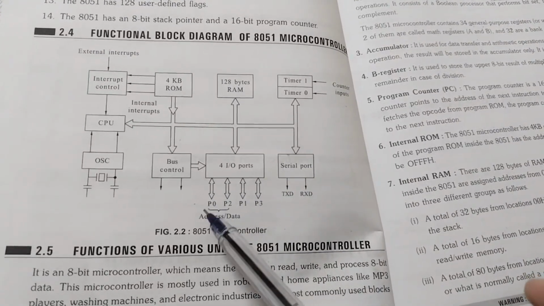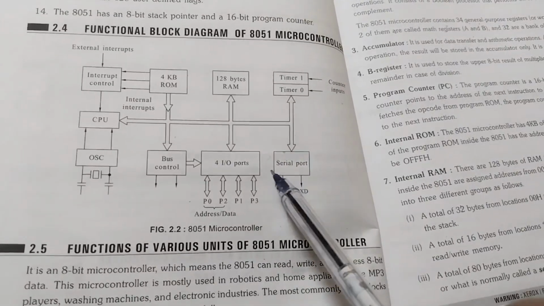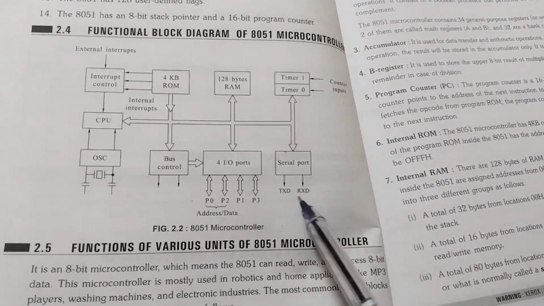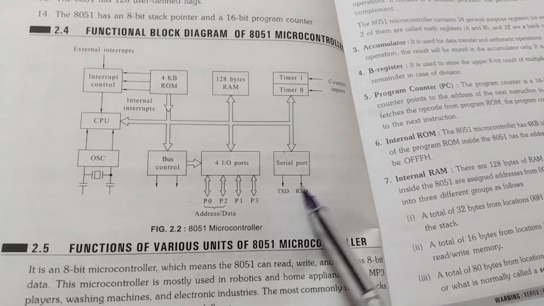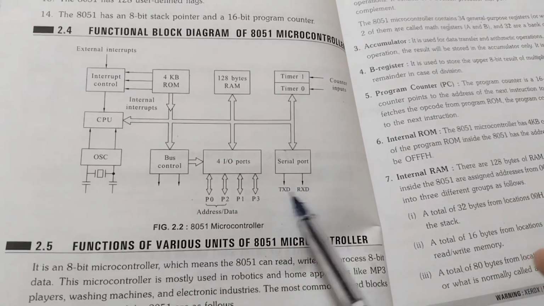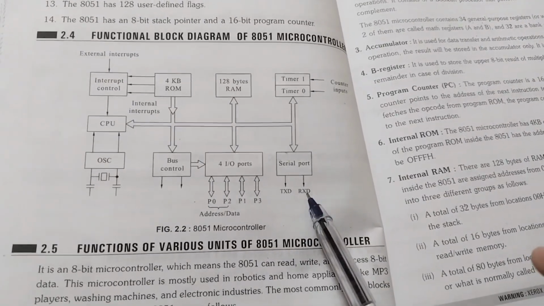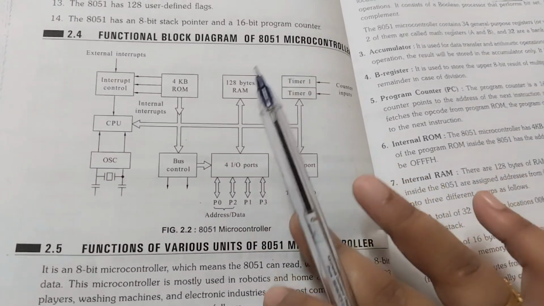Totally it has 4 input output ports: port 0, port 1, port 2 and port 3. And next one serial port is there, that is transmit data and receive data. These two signals are used for serial communication. To transmit the data we use the TxD pin, and to receive the data this microcontroller uses the RxD pin, that is the receive data pin. So overall this is the block diagram.